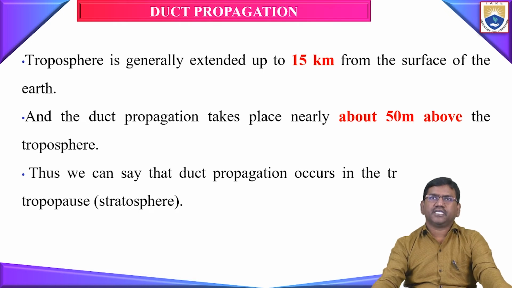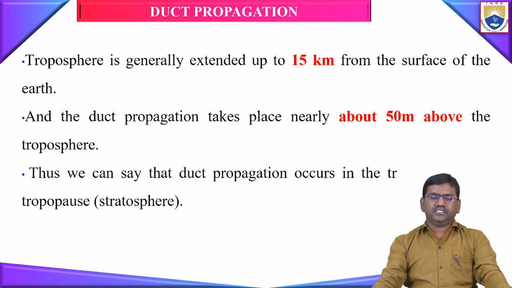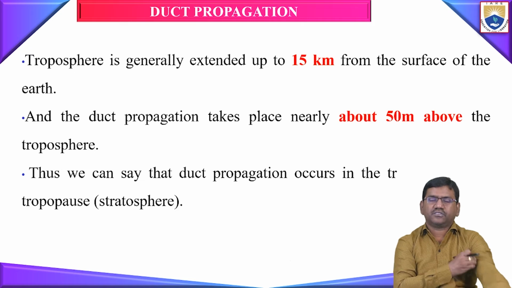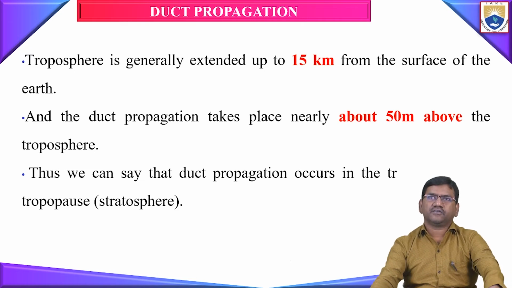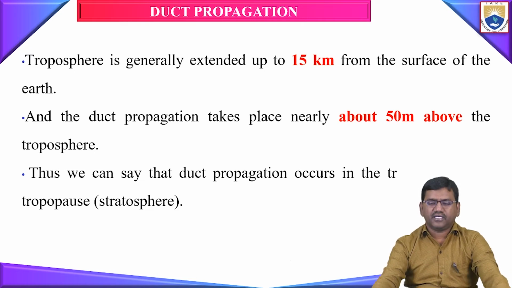So the troposphere generally extends up to a range of 15 kilometers from the surface of the earth. The tropospheric layer is at a distance of about 16 kilometers from the surface of the earth. Duct propagation takes place nearly 50 meters above the tropospheric region.